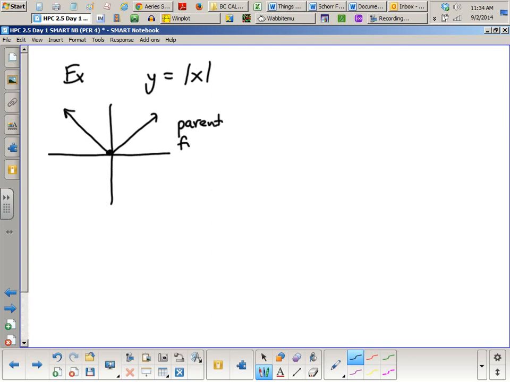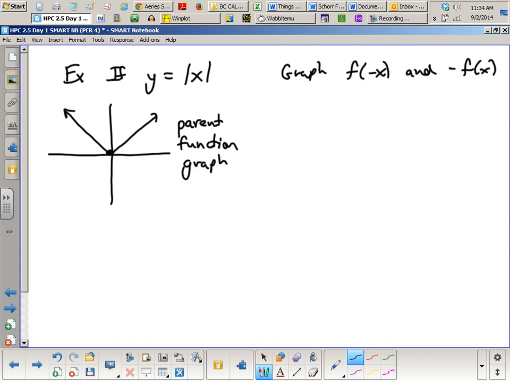It's on your note card, your flash card. So we're going to graph f of negative x and negative f of x. So I'll title this f of x again.